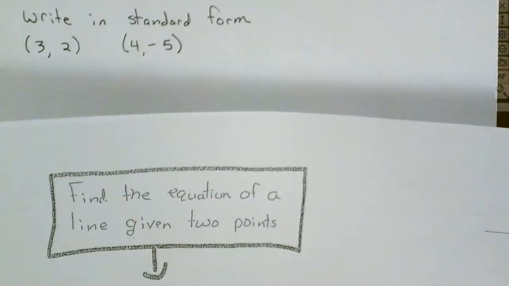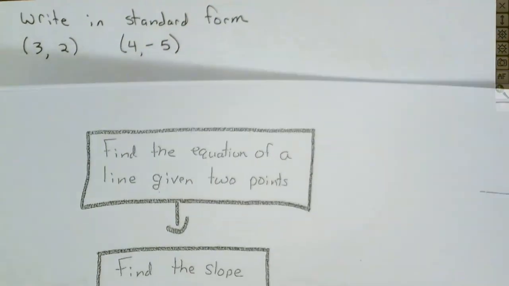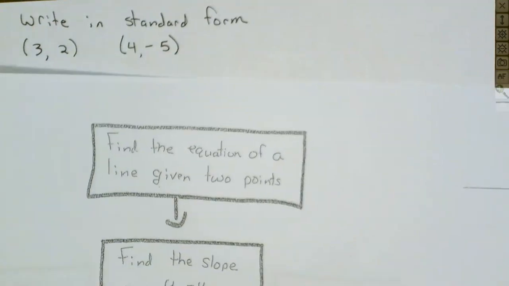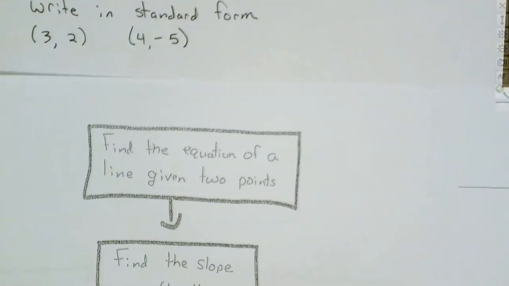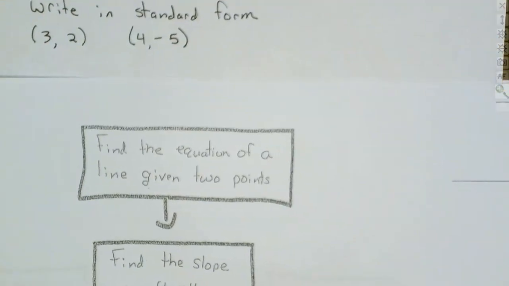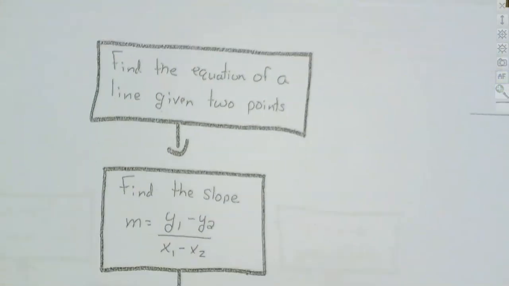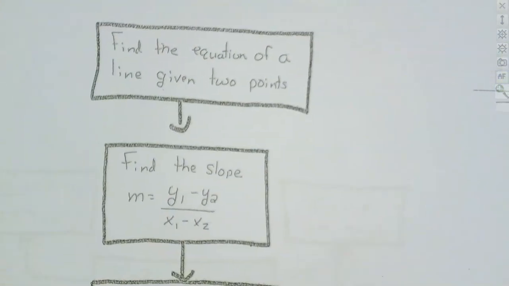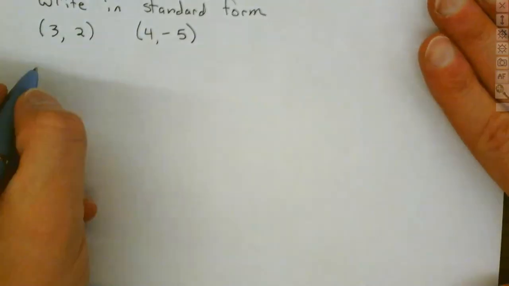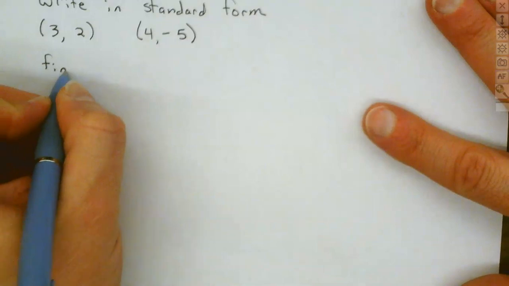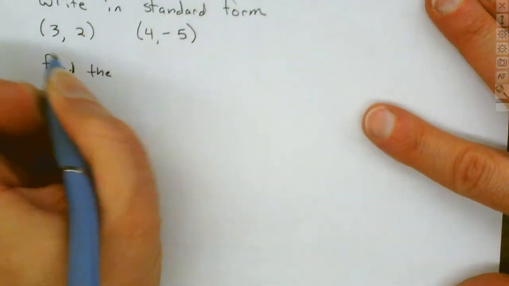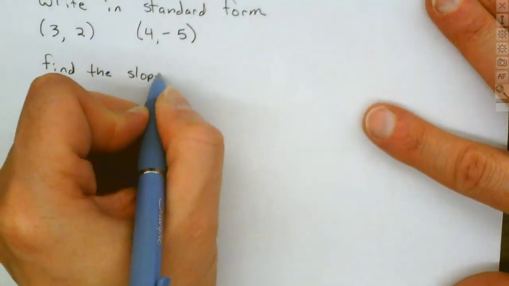Here's our flow chart. It's just like a recipe. That's what we're doing. Let's go into the steps here. We're going to find the equation of a line when you're given 2 points. So what's my first step? First step we do is we find our slope. I always like to write the formulas down at each step. So the first thing we'll do is we'll find the slope.